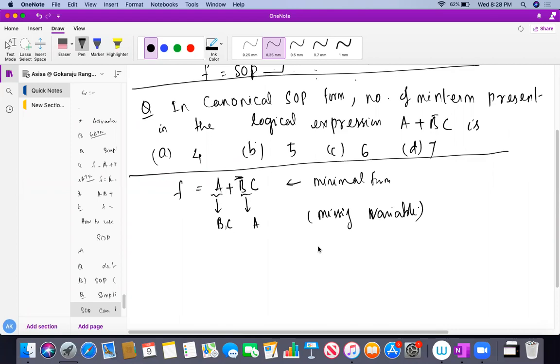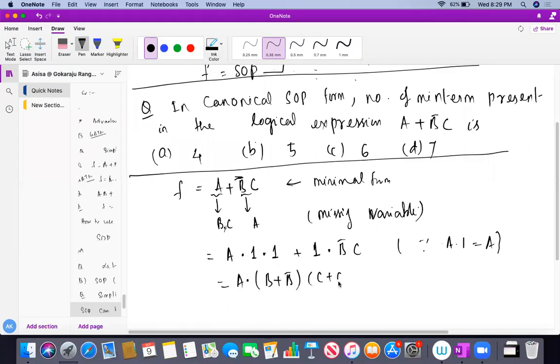Next, step 2: for whatever number of missing variables, you AND that variable with 1. Here A is missing, so A and 1, B bar C. Whatever the missing variables, I just express them in the form of A and 1, which is nothing else but A. I can also apply it this way: B or B bar, C or C bar.